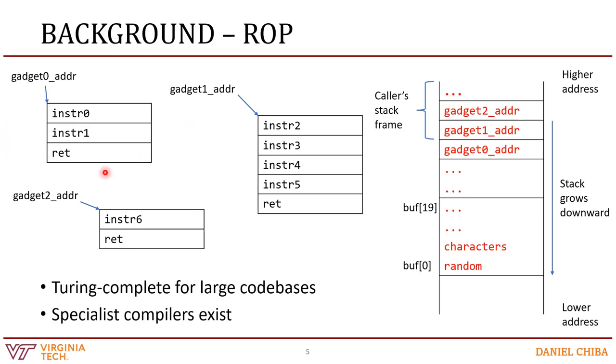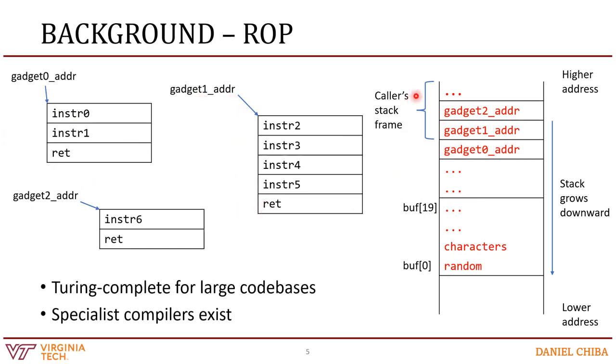And so you can execute arbitrary code, and the only condition required is that all of these arbitrary code snippets end with a return instruction. So once again, you jump to this first gadget, encounter the ret, it'll pop the next address from the stack, and it'll jump to gadget 1. Gadget 1 finishes execution.